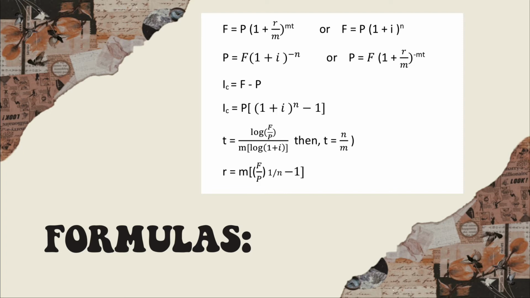For our T, T is equal to log of F over P, over M open bracket log open parenthesis 1 plus I close parenthesis close bracket, or T is equal to N over M. R is equal to M open bracket open parenthesis F over P close parenthesis raised to 1 divided by N, minus 1 close bracket.